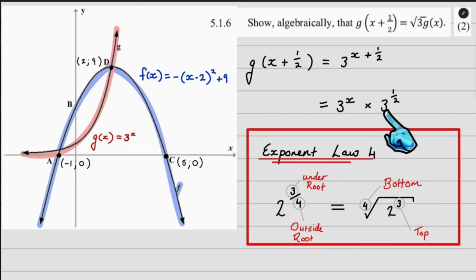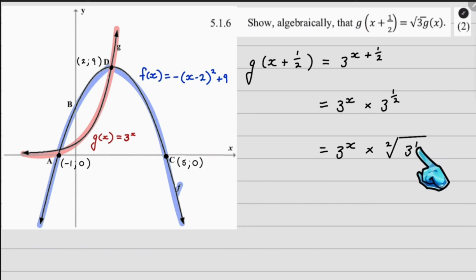So over here, I can convert this into a surd by doing this. And 3 to the power of 1 is just 3. And I don't need this 2 here. If I have a square root, it's implied that there's a 2 there. So I can get rid of this 2. And now I've essentially almost proved what they've asked me to do.